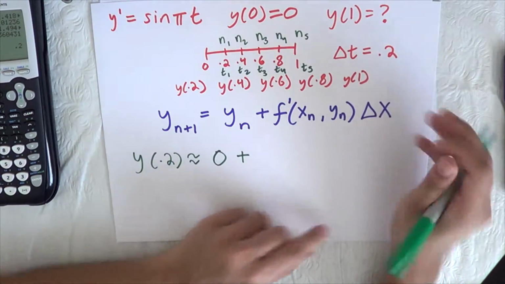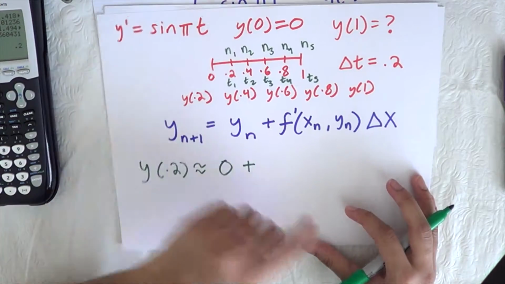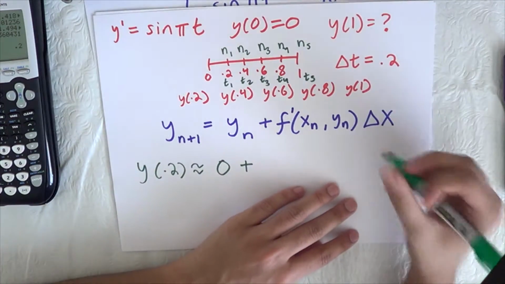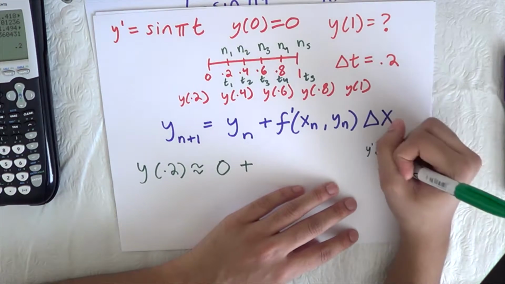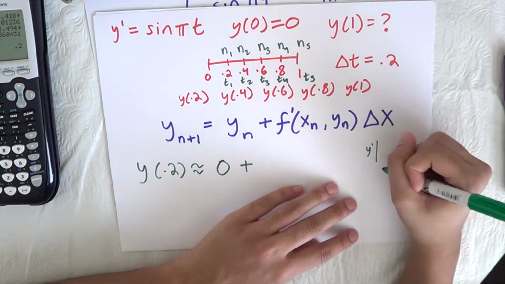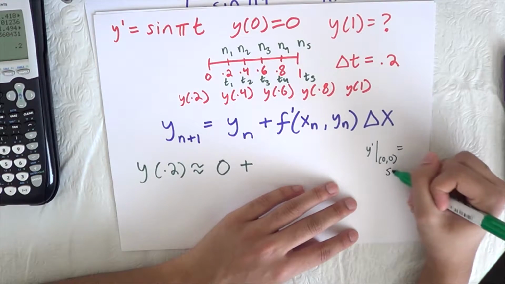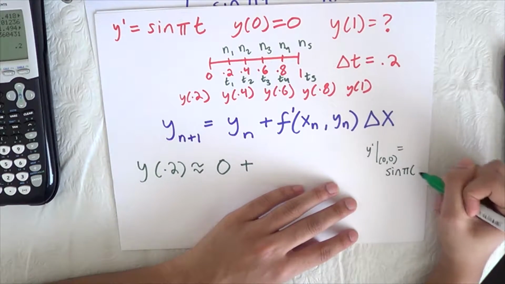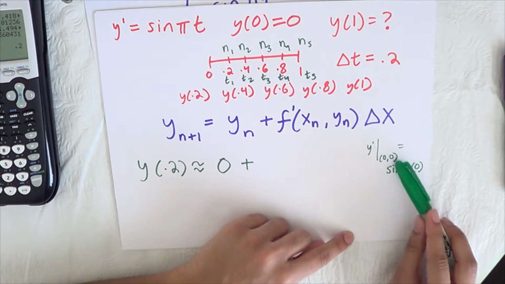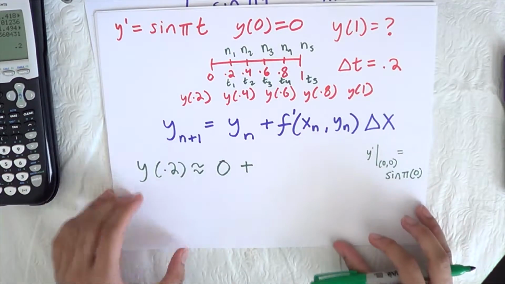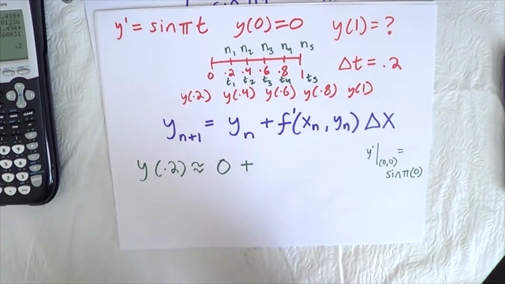You find the slope through the derivative function, which is sine pi t. So we just plug in that point. On the side, y prime of, what was our point, 0, 0, equals sine pi of 0. We're only plugging in the t value, not the y value, because the derivative function only calls for a t value, not a y value. So we don't need to worry about that.